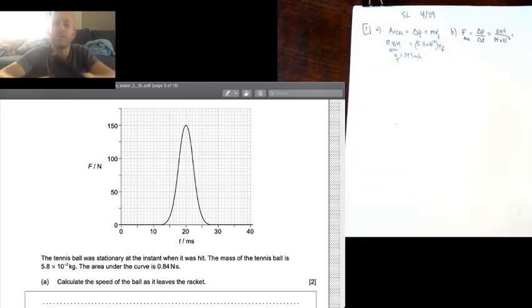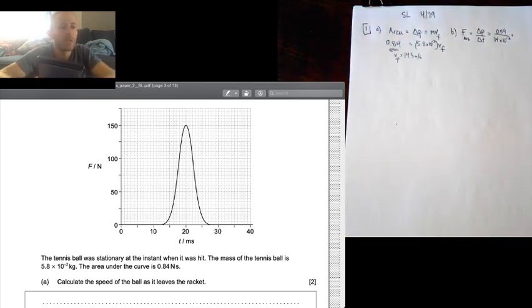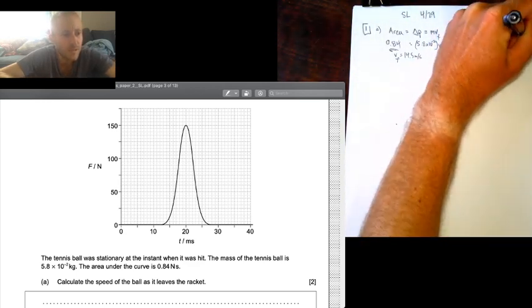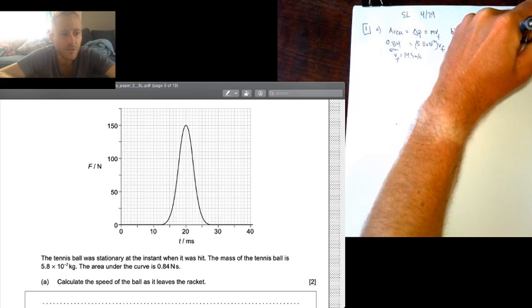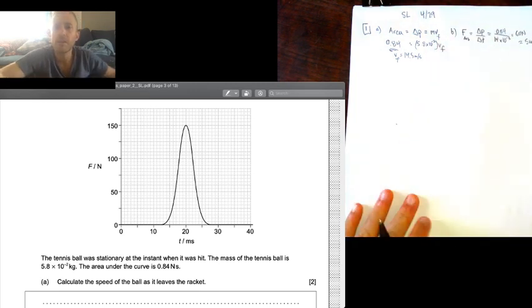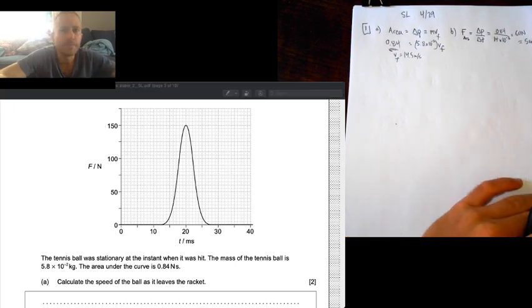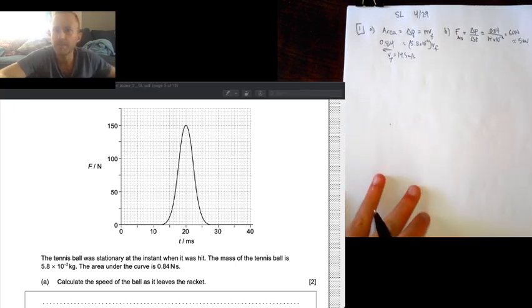If we divide those two numbers, I got 60 newtons, and that's approximately 50 newtons, close enough. So there you have it.